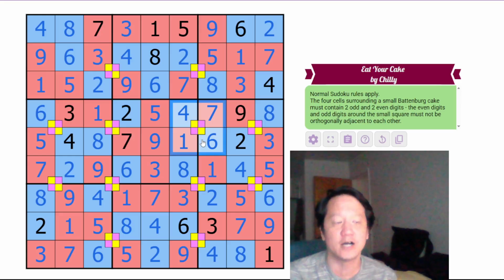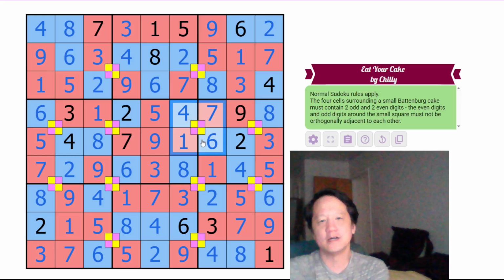This is a very common thing that you have to do. So if you notice that there's a lot of parity things, it might just be worthwhile to color the odds and evens and then basically go from there.